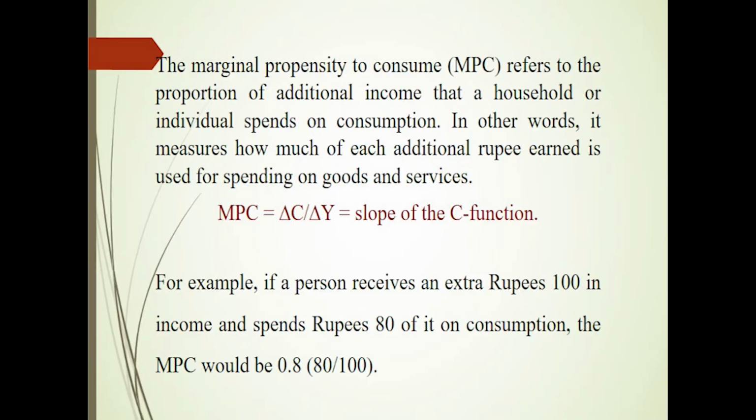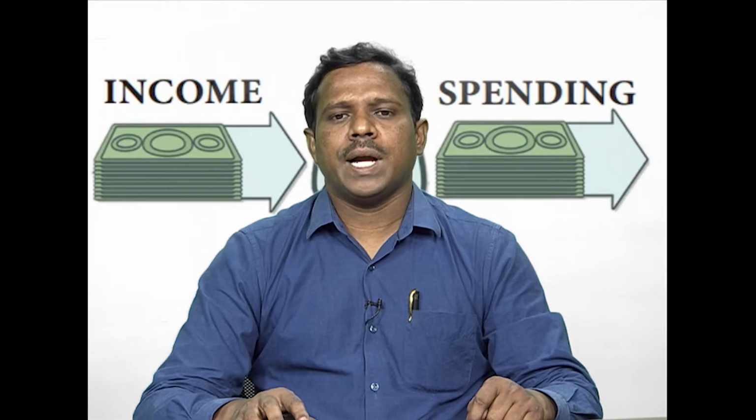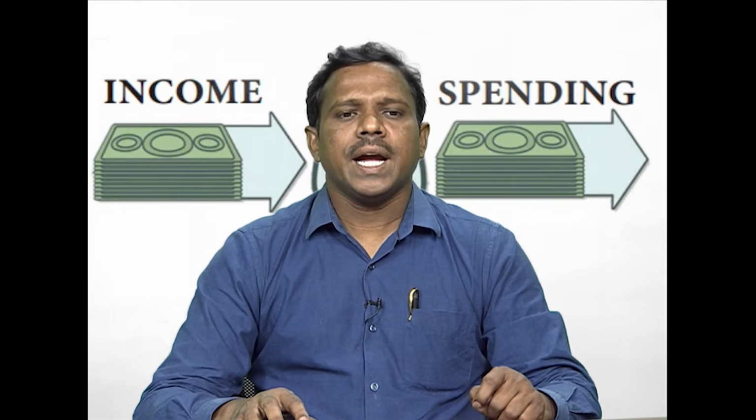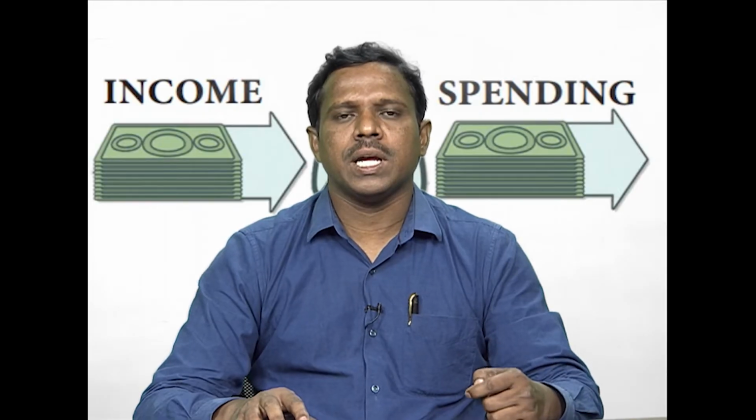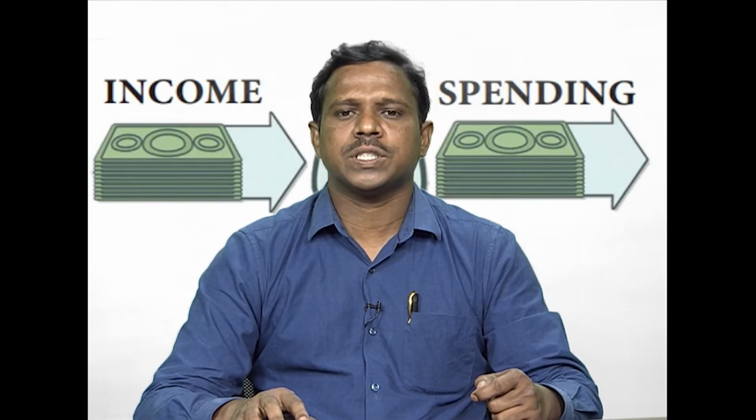Coming to the marginal propensity to consume, it refers to the proportion of additional income of households or individuals that is spent on consumption. In other words, it is a measure of how much of each additional rupee earned by individuals is spent on goods and services.